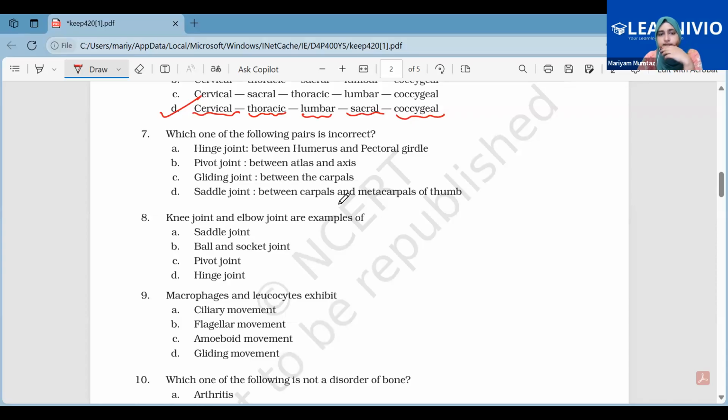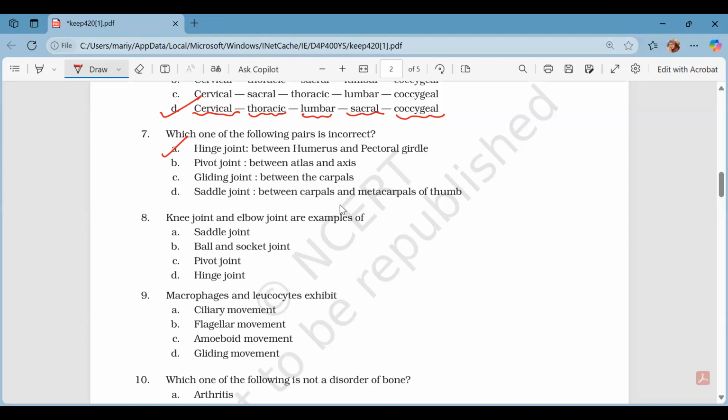The first one. Which type of joint is present there? Humerus and pectoral girdle. I know the hinge joint is the elbow and the knees. Yeah, that's true. So humerus and the pectoral girdle has which type of joint present?